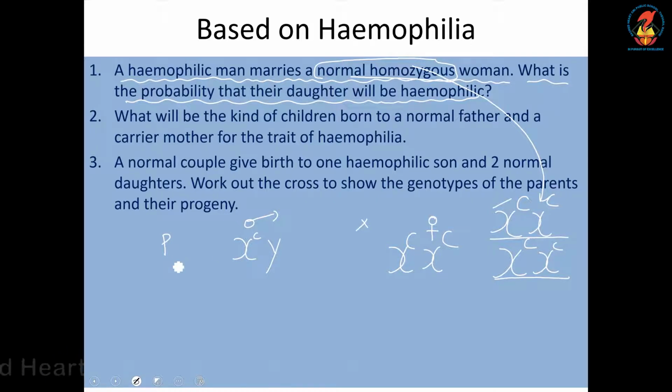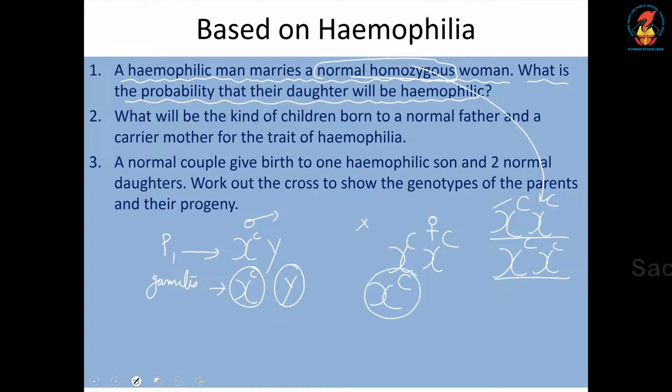Now this is indicative of the parents. Now gametes, the same format. Gametes we have X small c and then Y, applying the law of segregation of gametes, and here X capital C. I need not repeat the second because it is the same as this. So only one type is represented. Clear? Now working the cross for offspring.